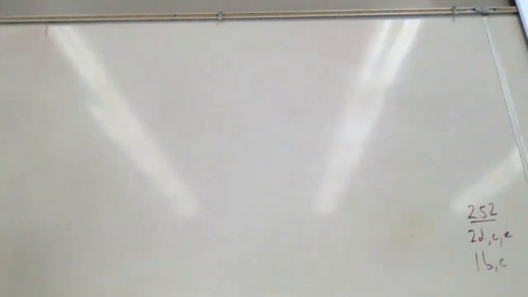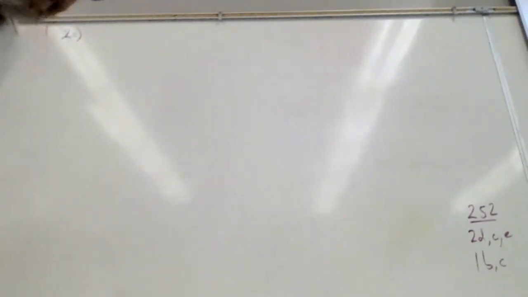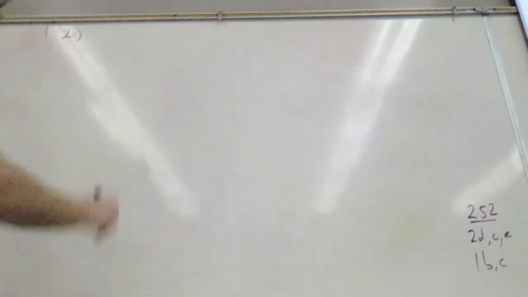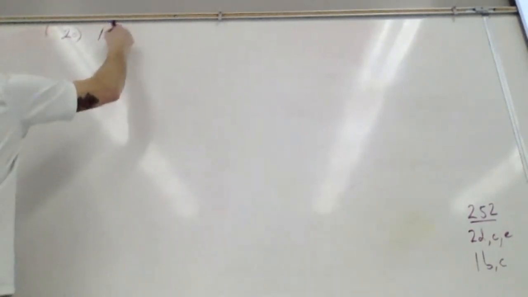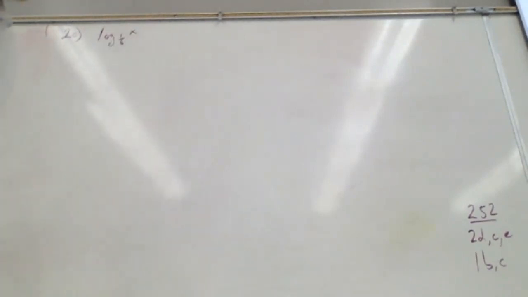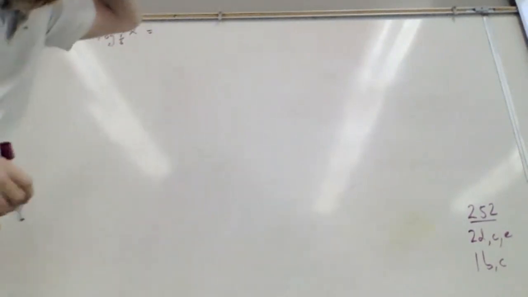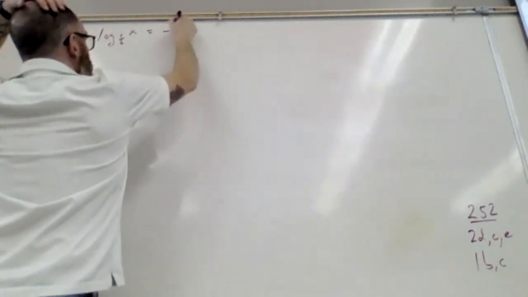Okay, 2 ABC, 2C. Log of 1 over bx, minus log bx. Is this the question you asked me yesterday, Karina? No, it was E. Okay. Somebody asked me this.